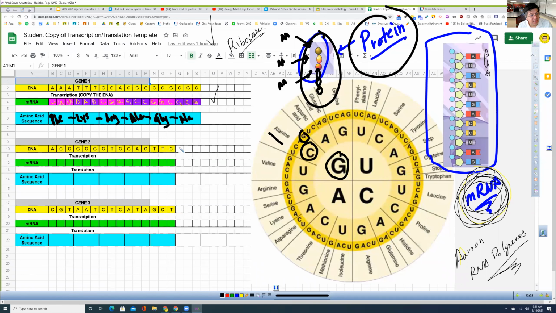If I give you the DNA and I say, do transcription, that means copy the DNA. And if I give you mRNA and I say do translation, that means, hey, bro, read the codes and tell me what amino acids are going to be in the protein.